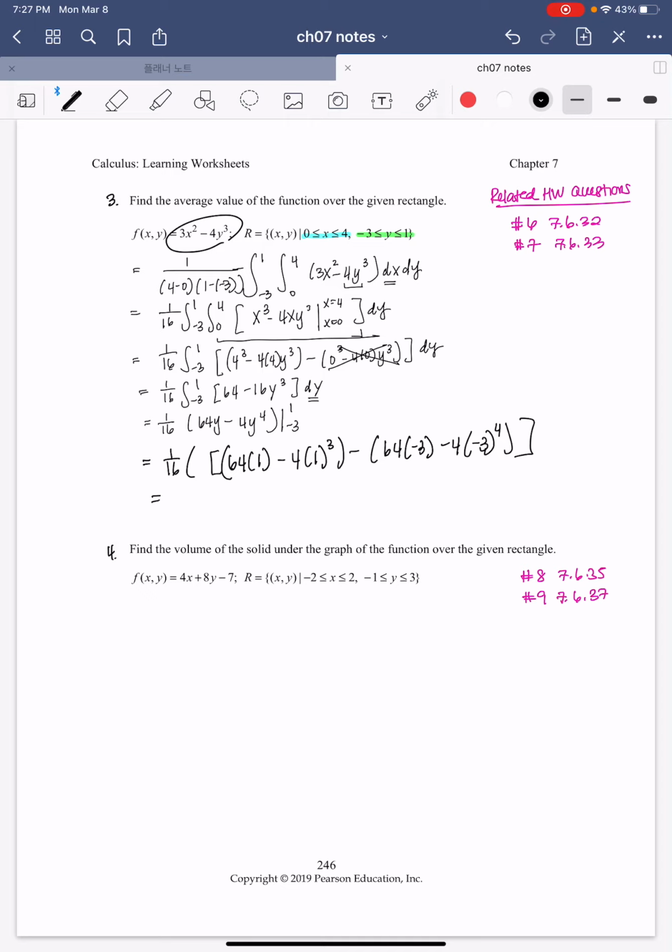Simplifying my first parentheses, I get 64 minus 4. And then this part here, I get negative 192 minus 324. All together at the end, if I simplify, I'm getting final answer as 36.